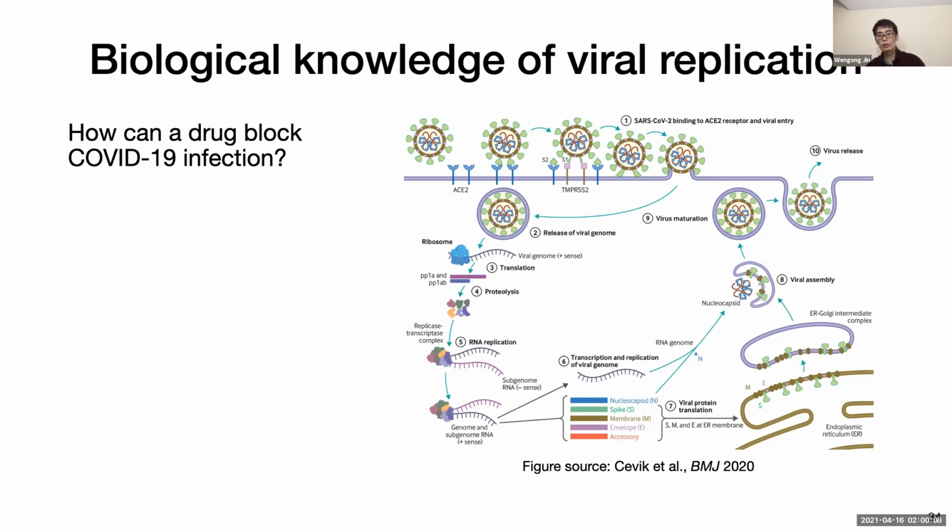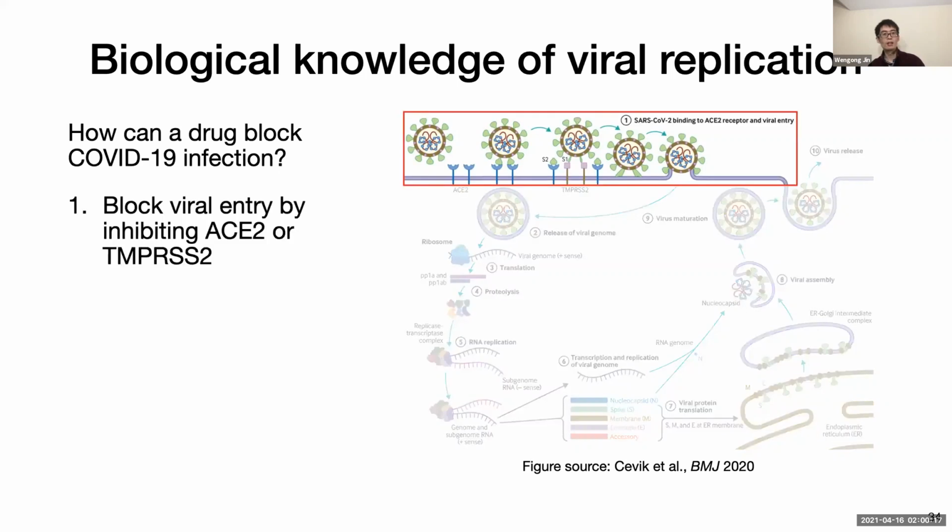I will not go too much into detail because I'm not an expert, but basically there are three types of mechanisms. One is to block viral entry by inhibiting two receptors on the membrane. One is ACE2 and the other is TMPRSS2. These are the two receptors that biologists have found to be crucial, that the virus takes advantage of.